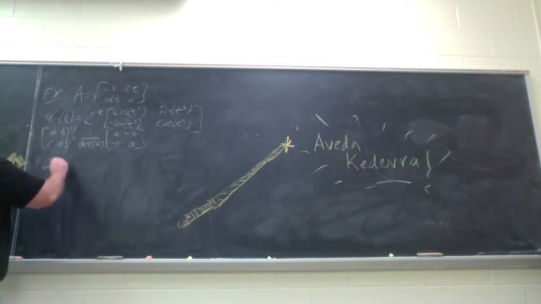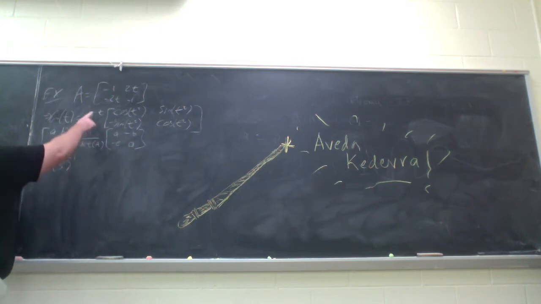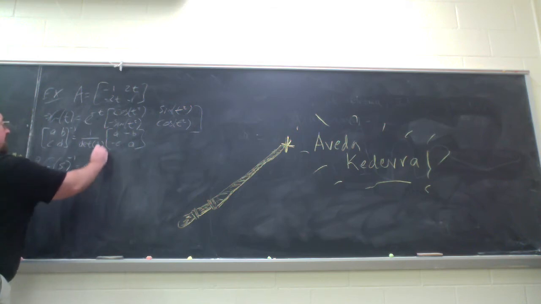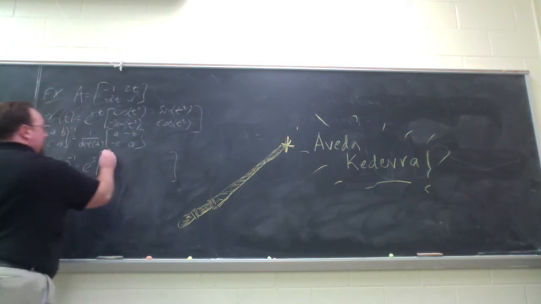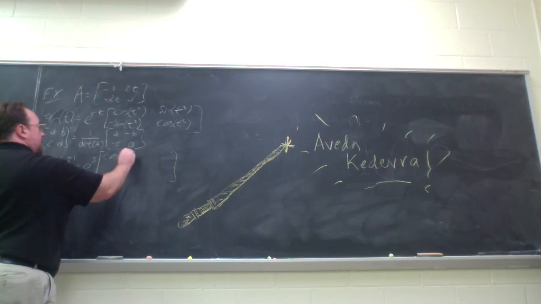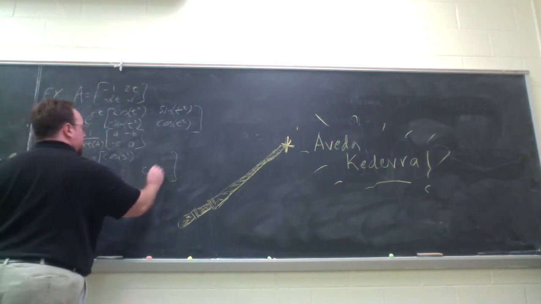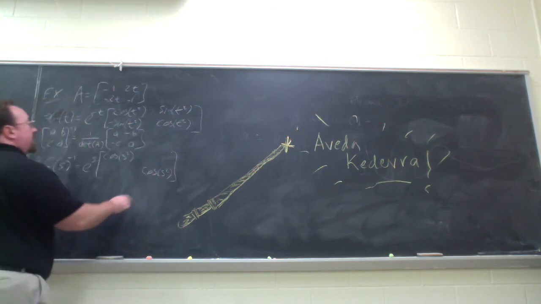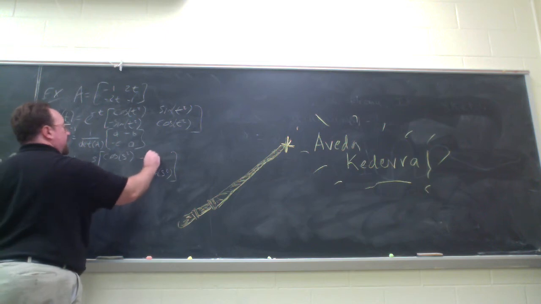When the matrix is multiplied by a constant, the inverse is multiplied by 1 over that constant. So that's e to the s, and then we have the diagonal entries, and then we negate the off-diagonal entries.